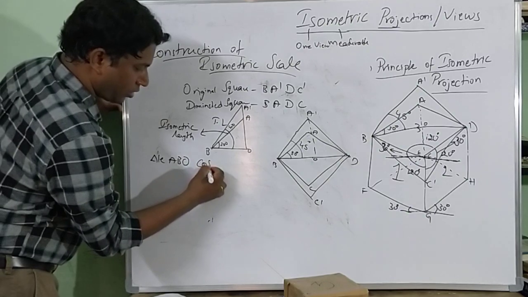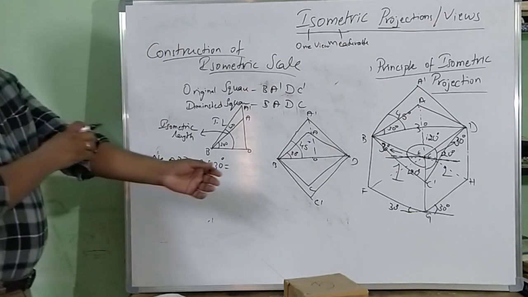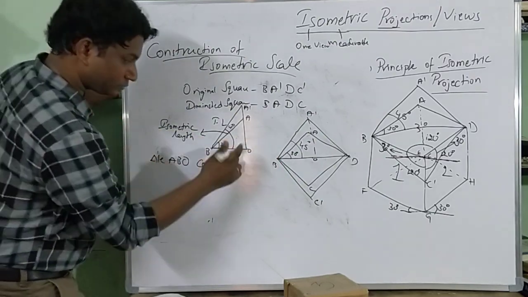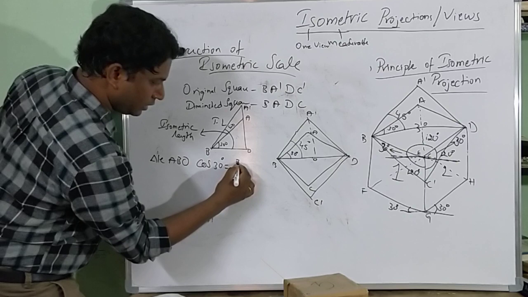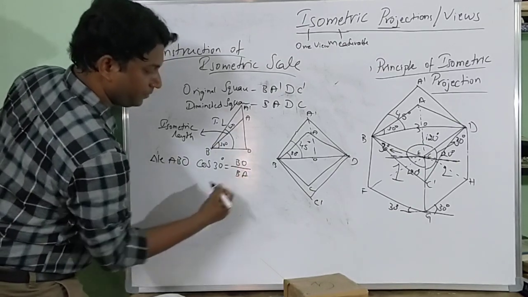Now I am writing cos 30. Cos is adjacent side by hypotenuse. What is the adjacent side here? Cos 30 equals BO by hypotenuse BA.